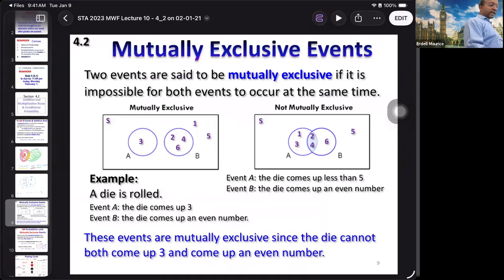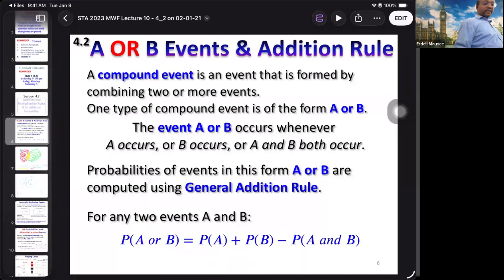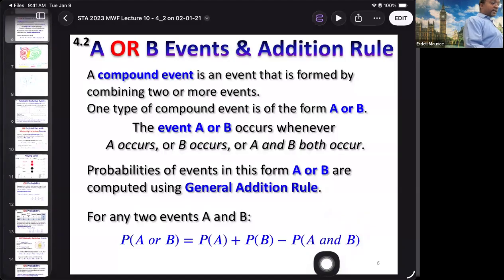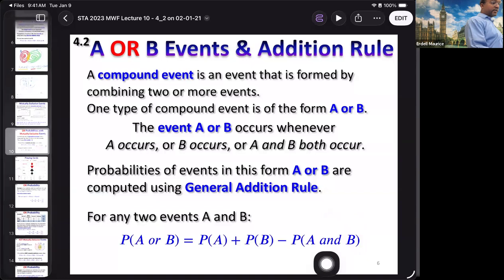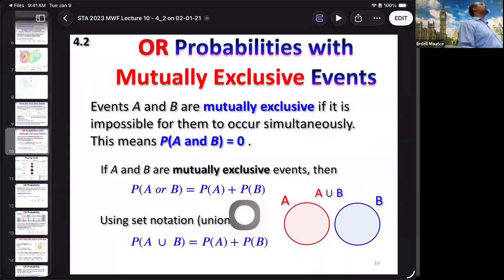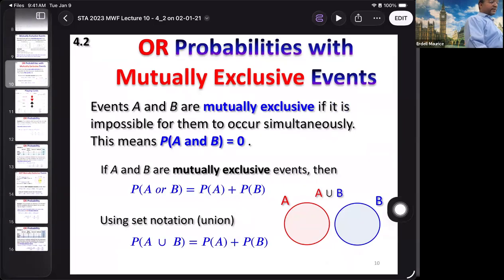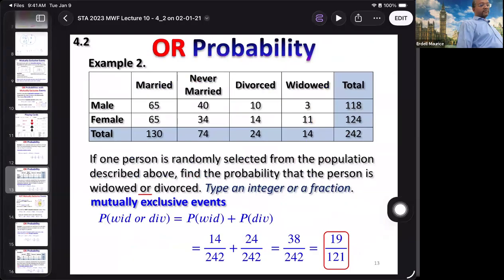Because they cannot happen at the same time, the probability of A and B happening is zero, and the formula simplifies into what we love so much: simply the probability of A plus the probability of B. Questions there? Then we do many examples to practice the two: one when they're mutually exclusive and one when they're not.